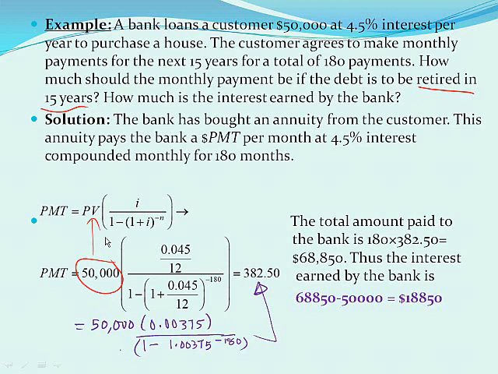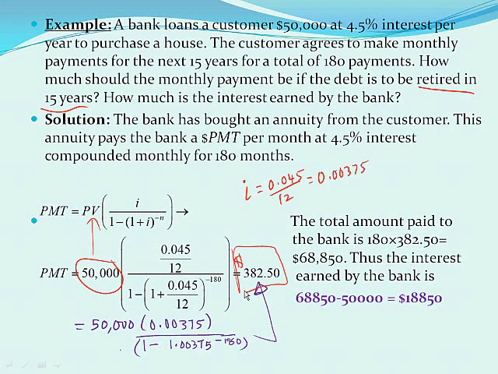We need to calculate the interest rate per month. That will be 0.045 divided by 12, which gives 0.00375. Once we substitute in the formula and use a calculator, we come up with $382.50.